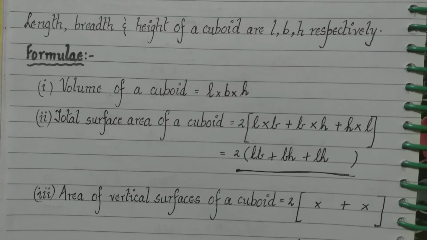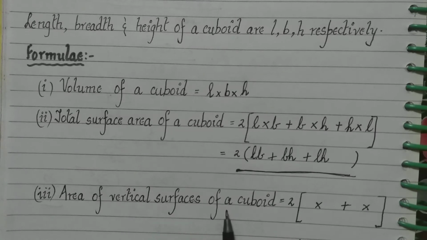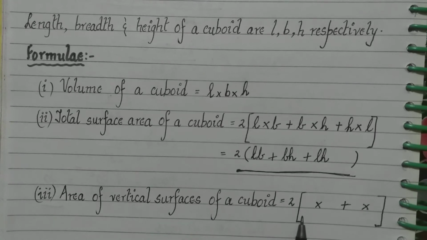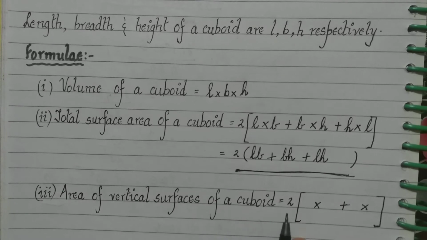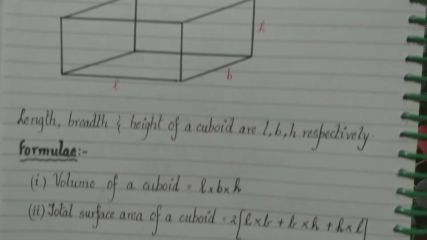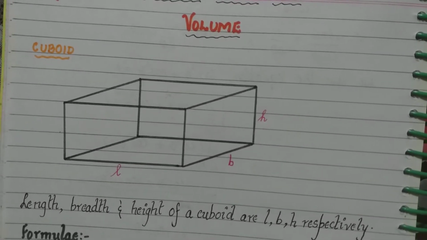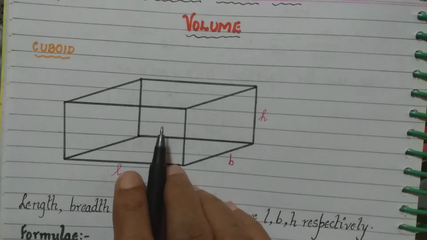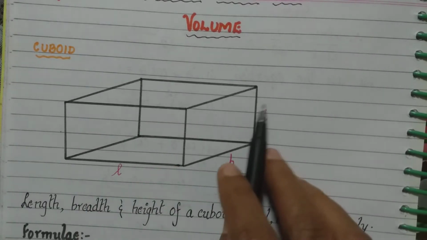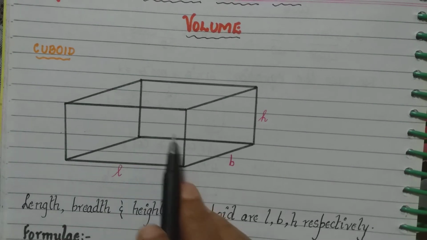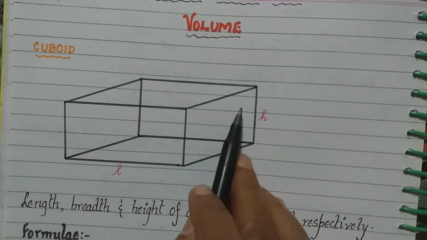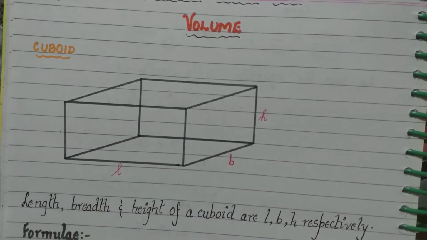Now we come to area of the vertical surfaces of a cuboid. Now when we say the area of the vertical surfaces of a cuboid, we are talking about the surfaces which are standing, that is this surface, this surface, this surface here and this surface.